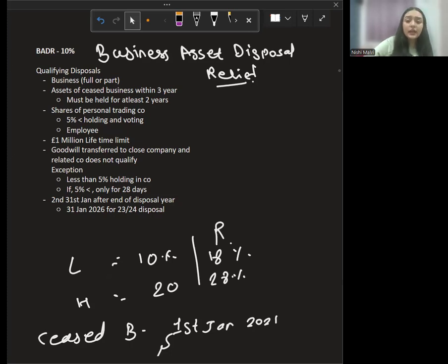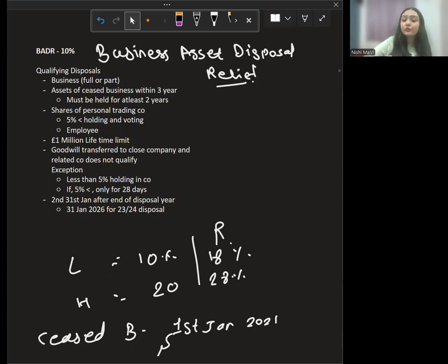Remember this. Whenever you transfer your goodwill to your close company, at that time you cannot qualify your goodwill for Business Asset Disposal Relief. The goodwill will not qualify for BADR. There is a condition: if your holding percentage is less than 5%, then whatever goodwill you sold or transferred to the close company can qualify for Business Asset Disposal Relief.